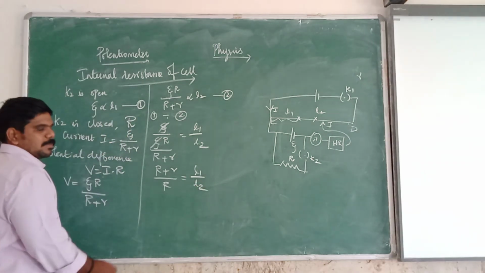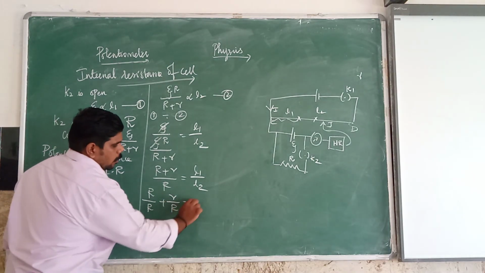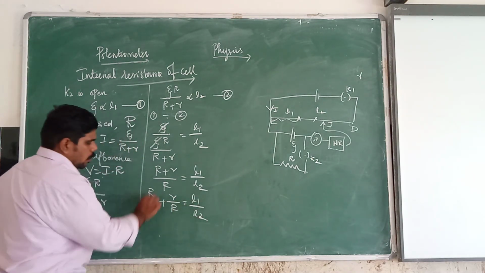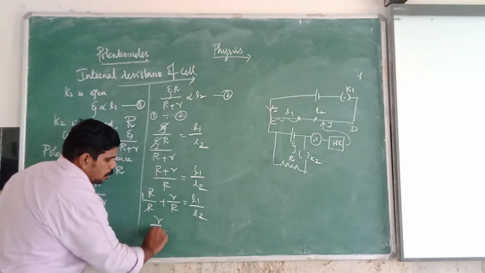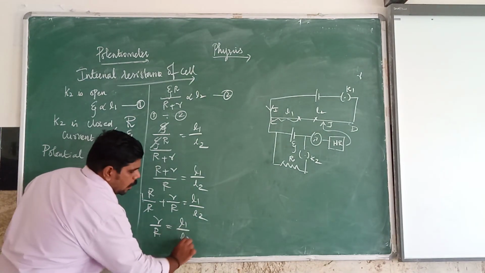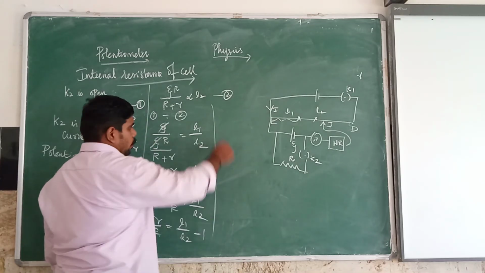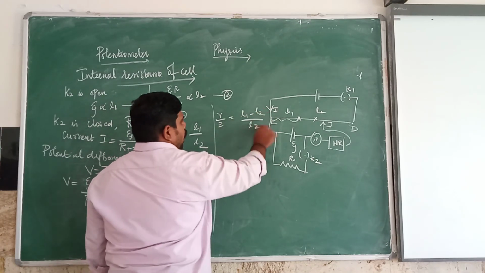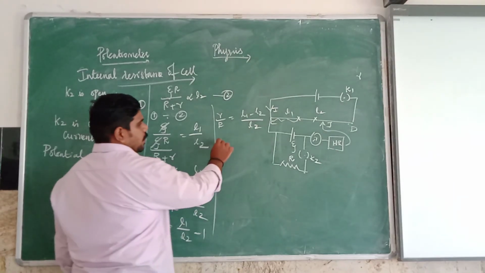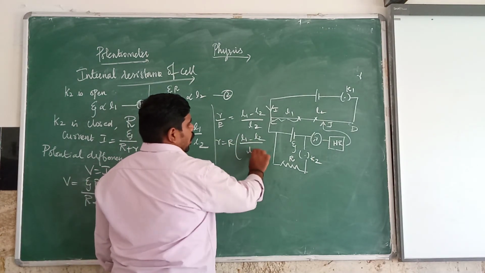If the term is split, we get R by R plus r by R is equal to L1 by L2. This will be 1. This 1 moves to the right hand side, so r by R is equal to L1 by L2 minus 1. If you take LCM, r by R is equal to L1 minus L2 by L2. From this we find the internal resistance r is equal to R into L1 minus L2 by L2.